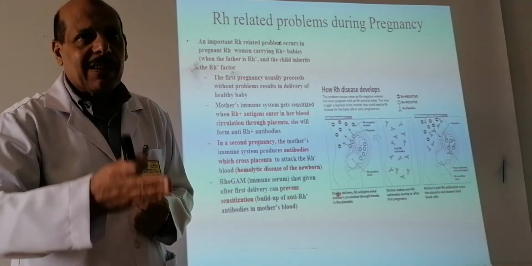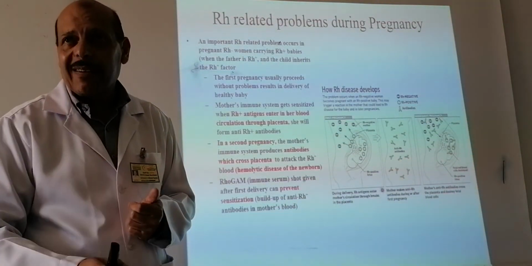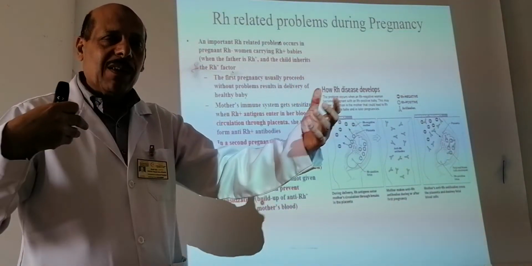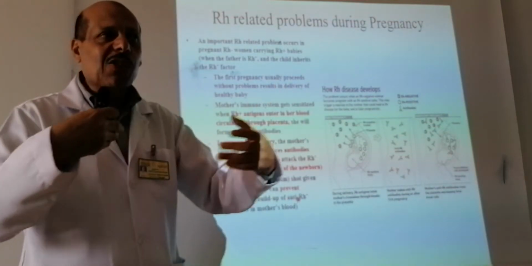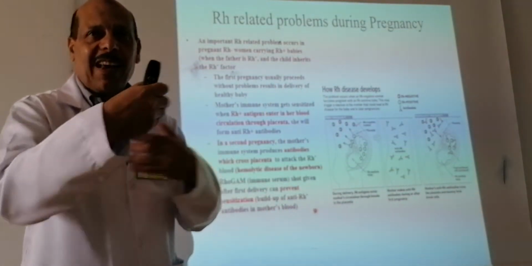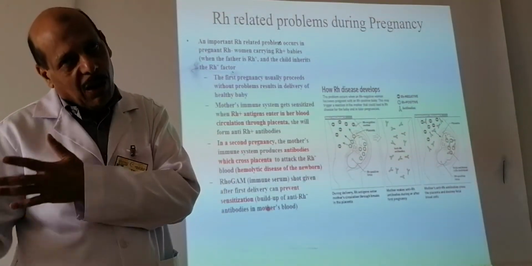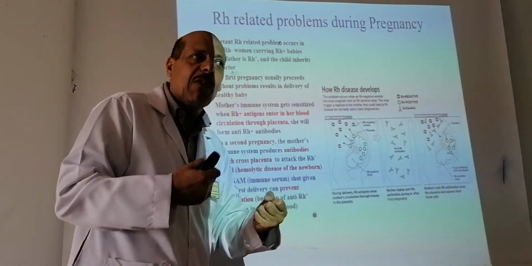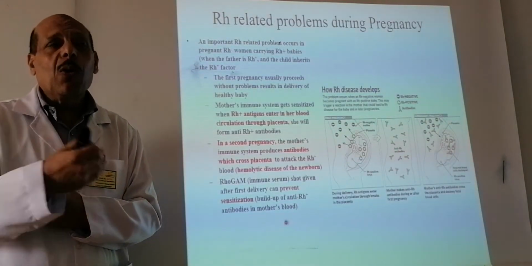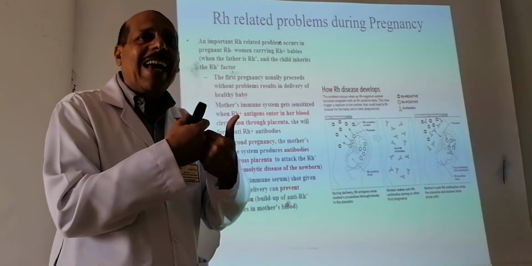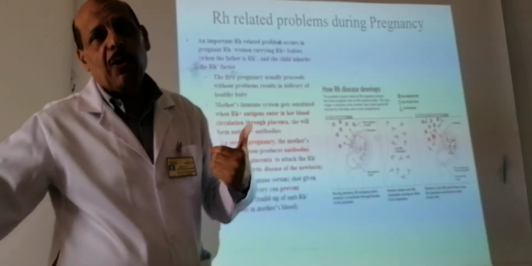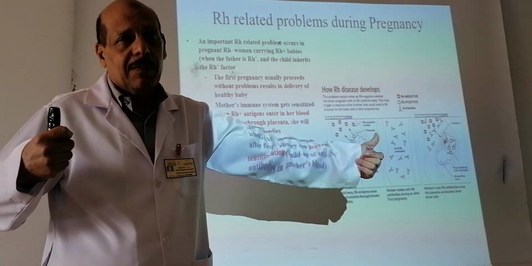So there is a barrier. There is exchange of nutrients, gases and waste products between the blood of the embryo and the blood of the mother, but there will be no direct contact between them.